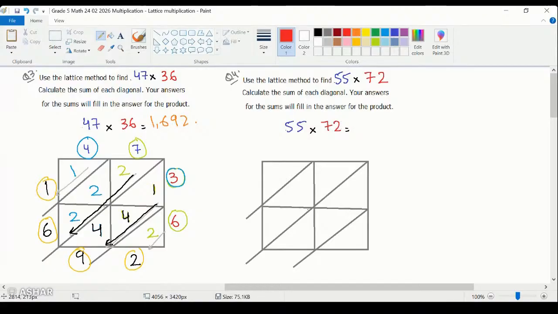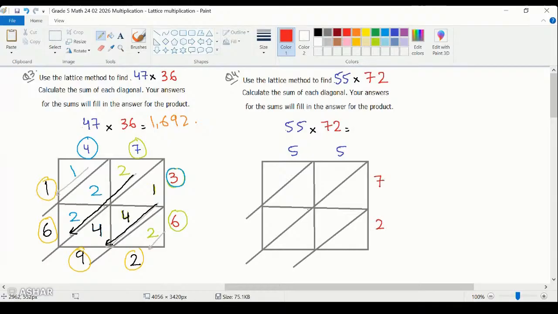Can we break 55 as 5 and 5? 5 tens. Okay, so we write over here 5 tens and 5 ones. Do we agree on this, Rebecca? 55, we break it down. Then we have 72. We write 72.